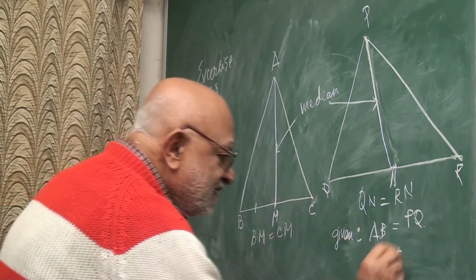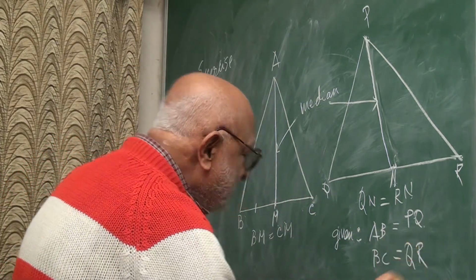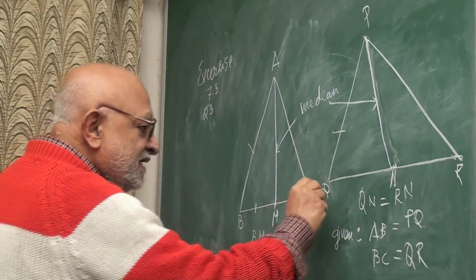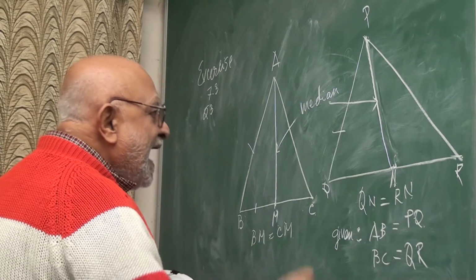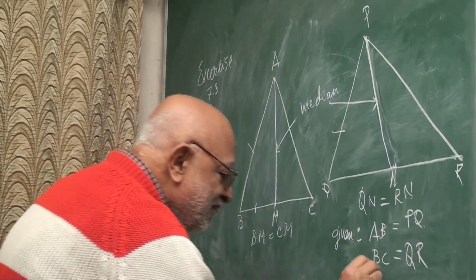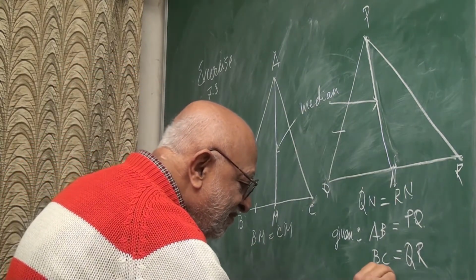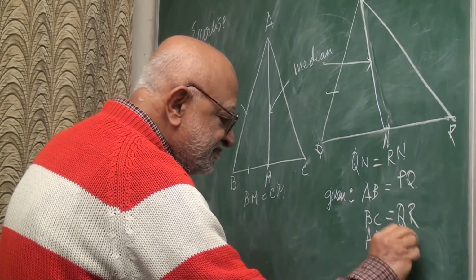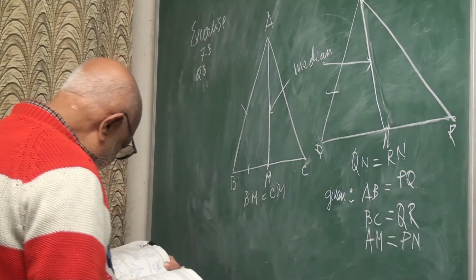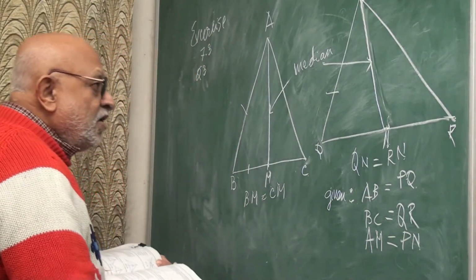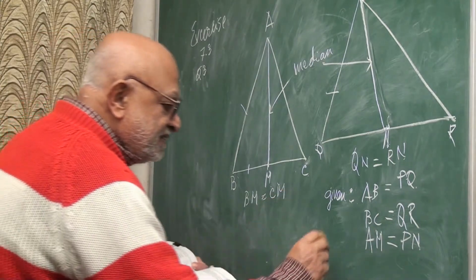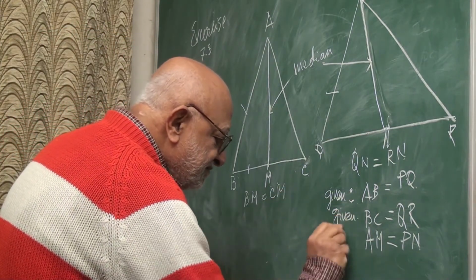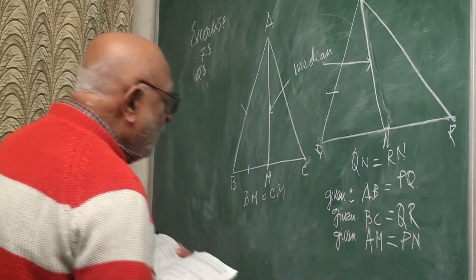So this whole thing is equal to QR, and AM is equal to PN. This is all given. What I have to prove?